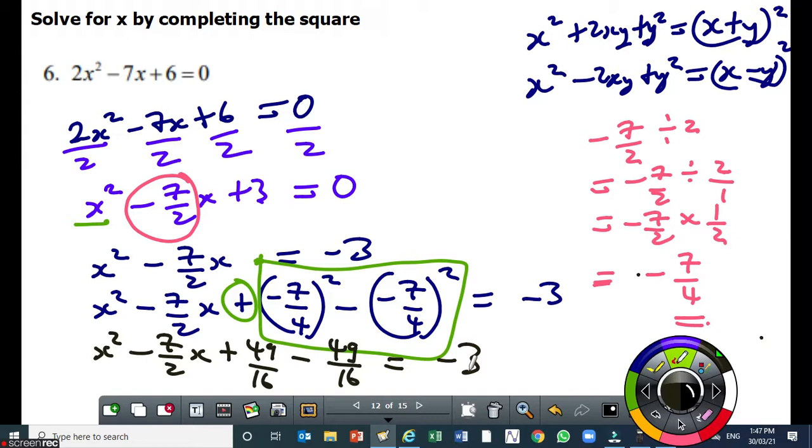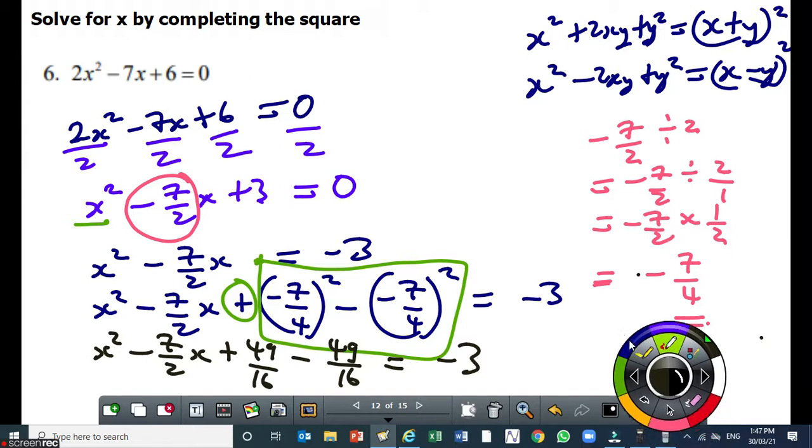Now check this. If you understood the concept of the perfect square trinomial, your perfect square trinomial comes from this part. That's the perfect square trinomial. So this minus 49 over 16, you take it to the right.